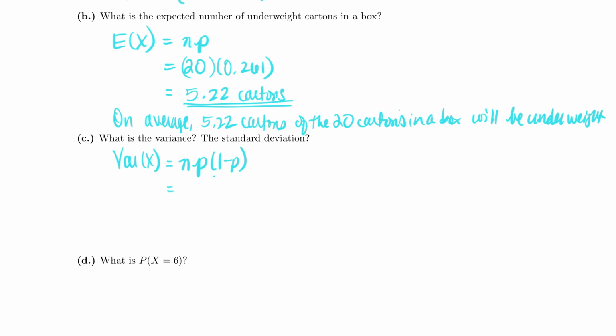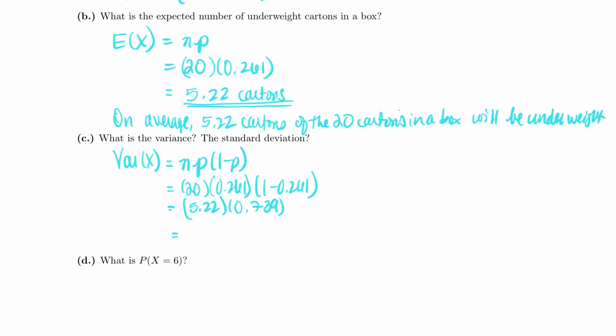But here, we'll write it out as 20 times 0.261, and then it would be 1 minus 0.261. But again, we know that 20 times 0.261 is 5.22, and our 1 minus 0.261 ends up being 0.739.